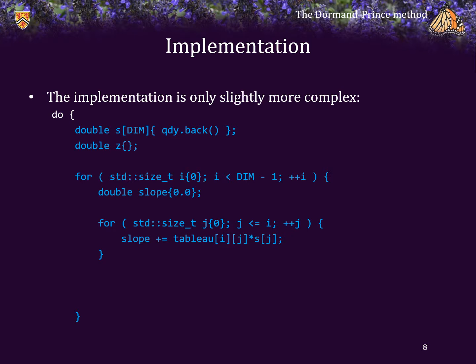Now we calculate that linear combination from the previous table, and then we're going to set z to be the previous y value plus h times the step size times the weighted average of the previous slopes. We will now calculate the slope at that point that we calculated.